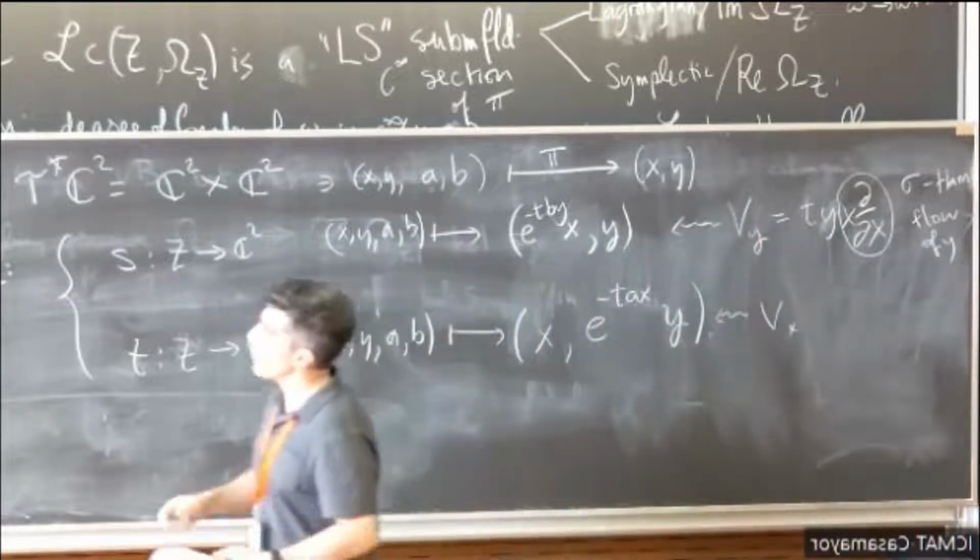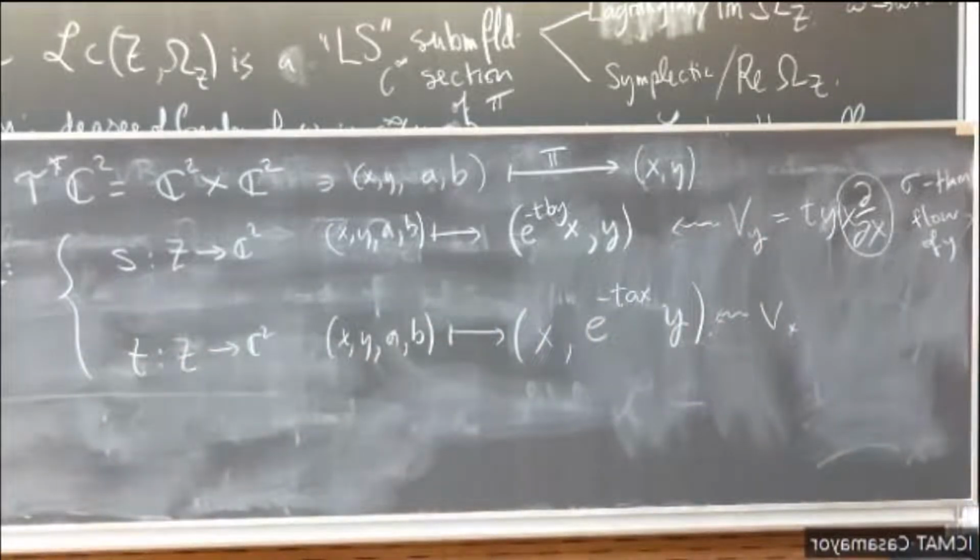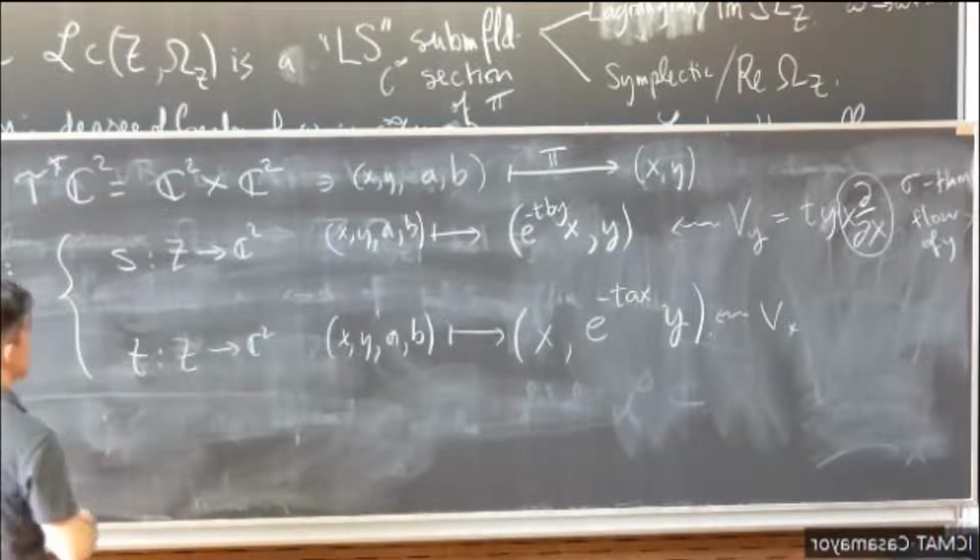So what we're doing is incorporating the Poisson structure to move the points on the base in a holomorphic way. And that's something that we don't usually do in Kähler geometry. We don't have a holomorphic Poisson structure.